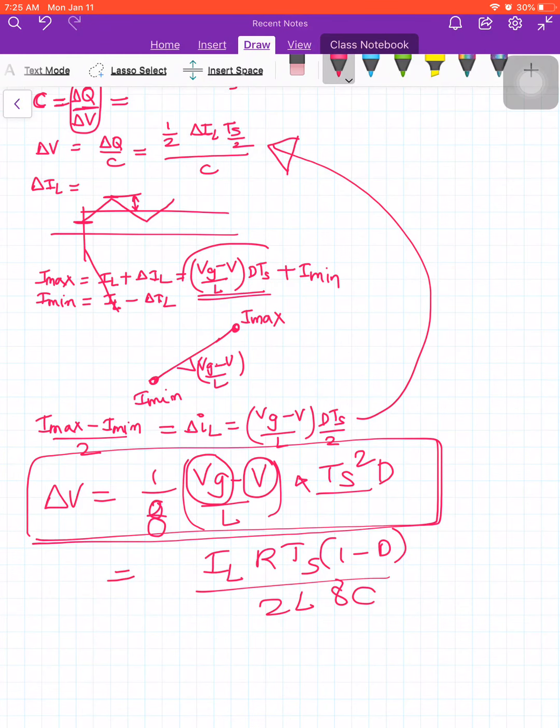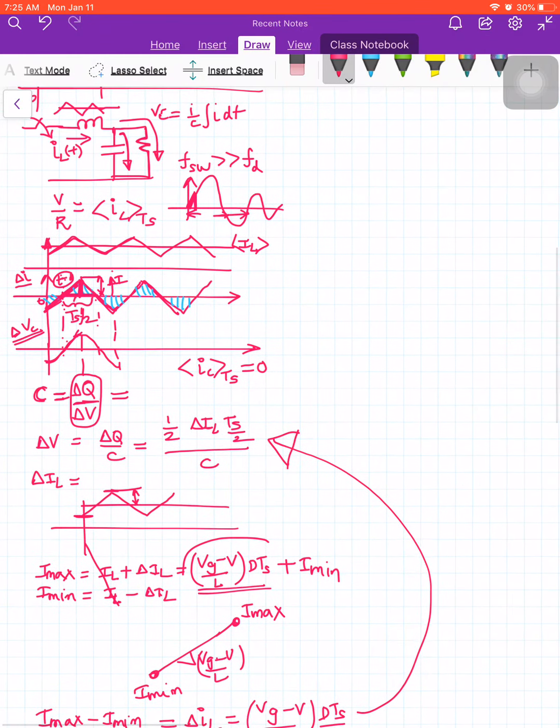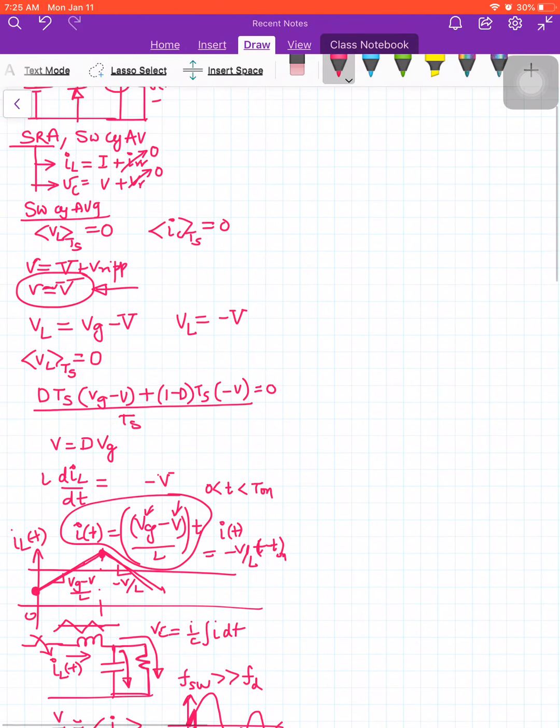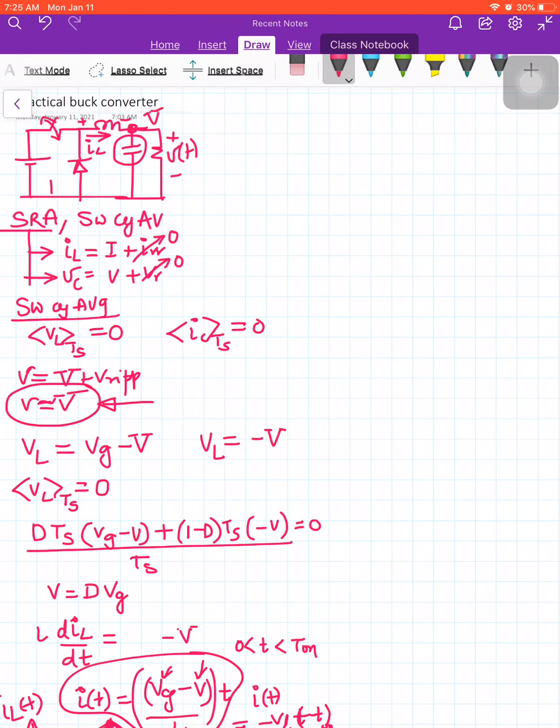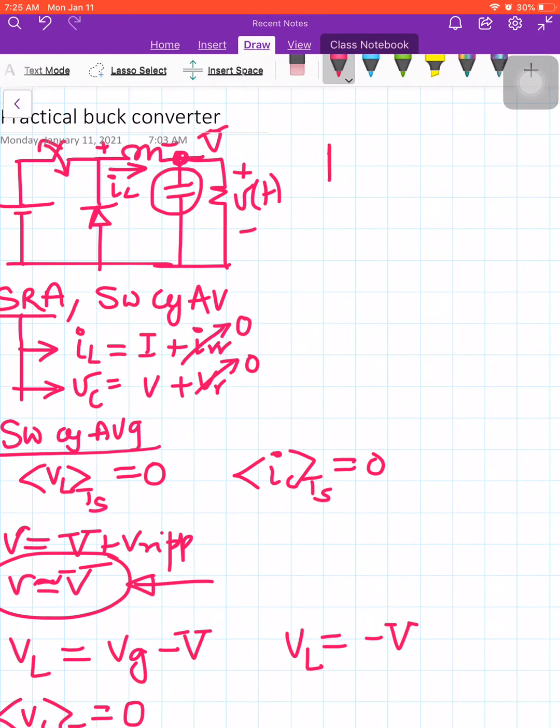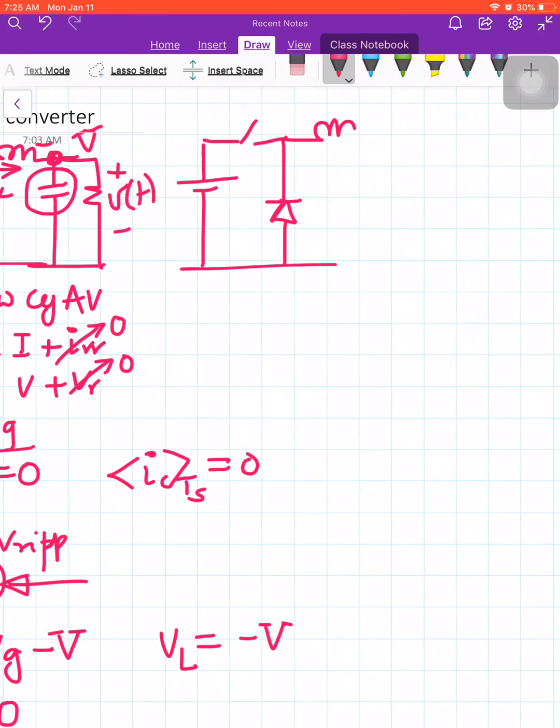Now let's see something more interesting. So in a practical buck converter, we will have a diode and an inductor. Let's come one by one. Let's see if we add the ESR of the capacitance, and see what will be its effect.